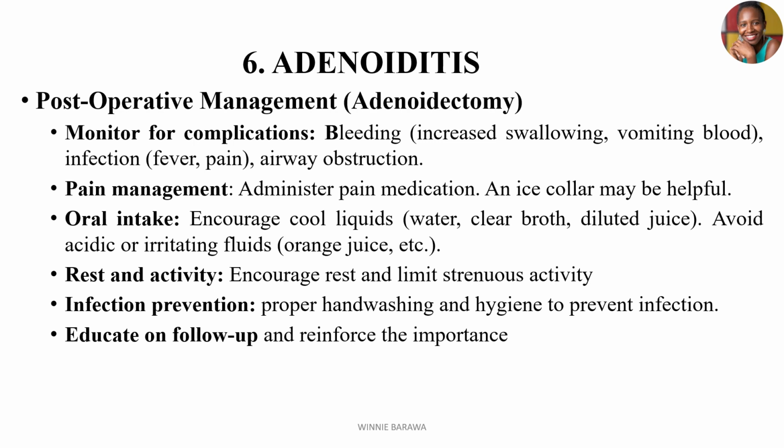So you can check this, for instance, by looking at the swallowing. They seem to have increased episodes of swallowing, and they are not on any meals. Do you have any vomiting of blood? But also check for change of fever or temperatures, like presence of fever or excess pain. This could also be an infection, but also rule out any form of airway obstruction.